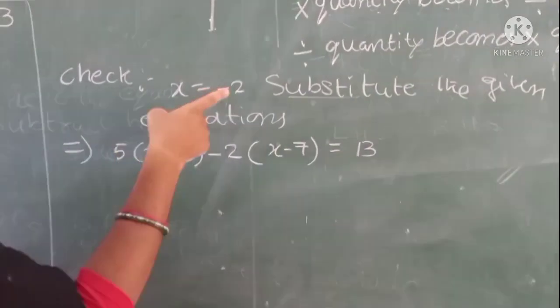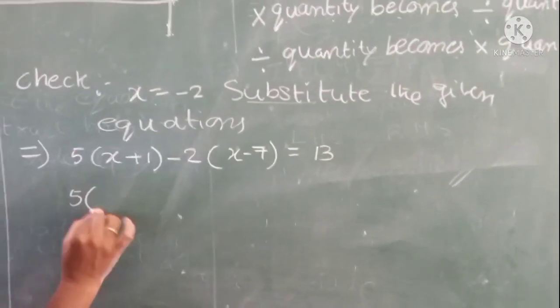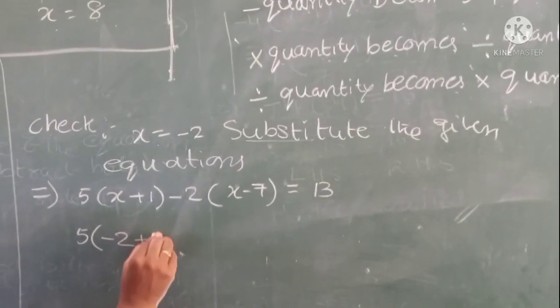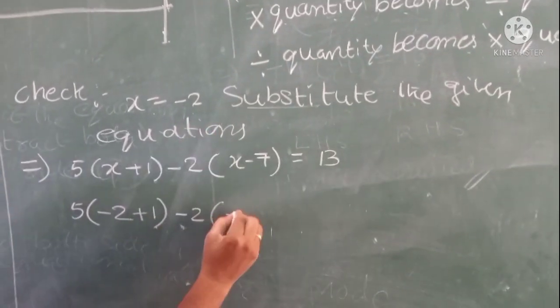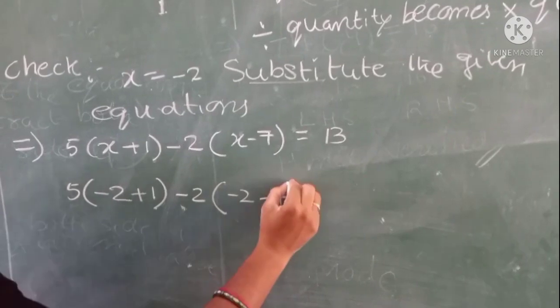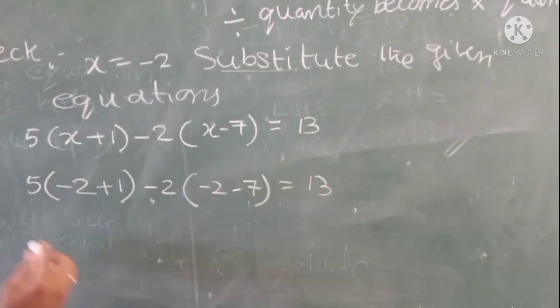So the x value we get is minus 2. So 5 into minus 2 plus 1 minus 2 into, the x value minus 2, minus 7 equals 13.